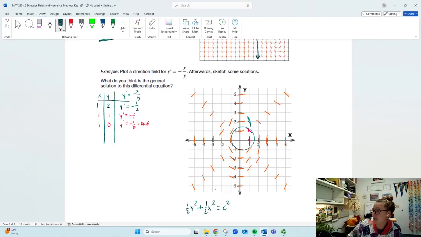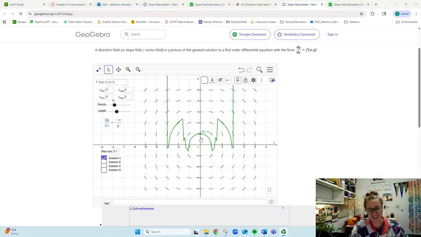So it does actually have the equation of a circle. We will talk in our next chapter about how to actually find that. If I try to actually do that on here, some stuff ends up falling apart because it can't handle the does-not-exist slope that is straight up and down right here at the -1, 0 and at the 1, 0. But it will actually have a solution of a circle.